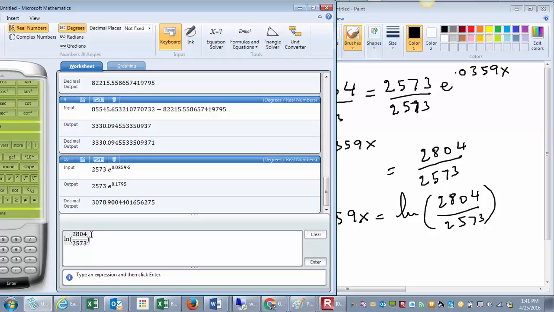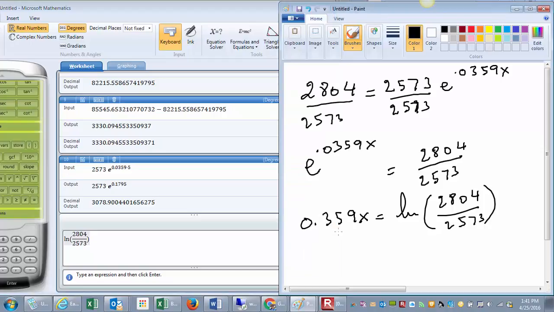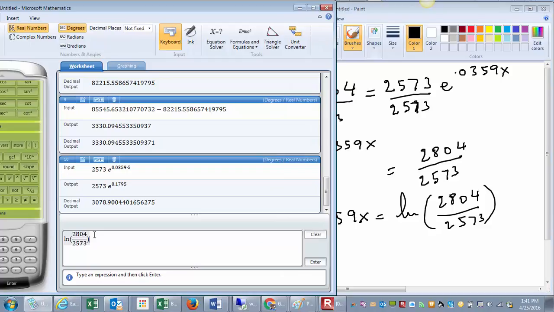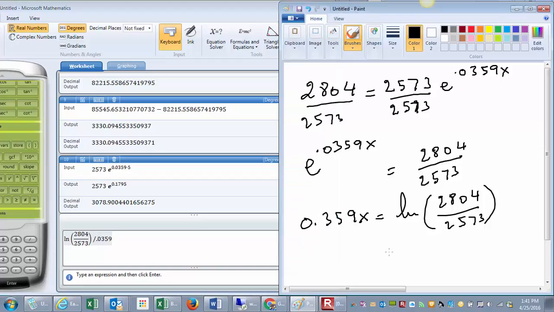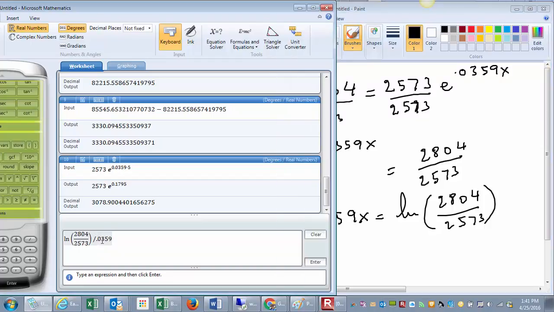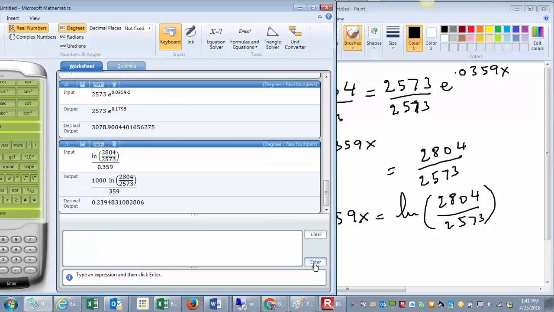And then again, to isolate x here, we have to divide both sides by 0.0359. So that would be x. Let's go find x now. Okay. 0.239. Okay, that's not good. Let's try to do this again.